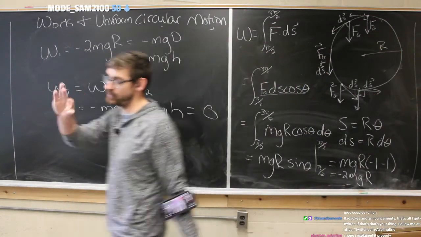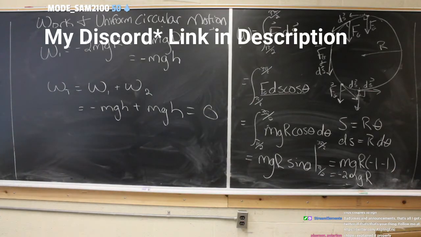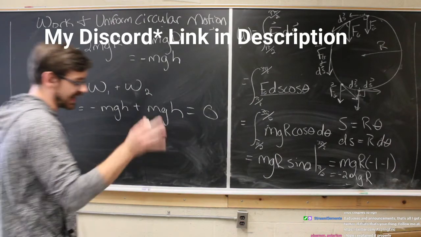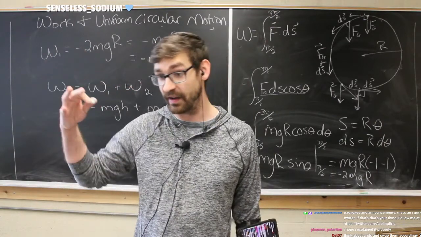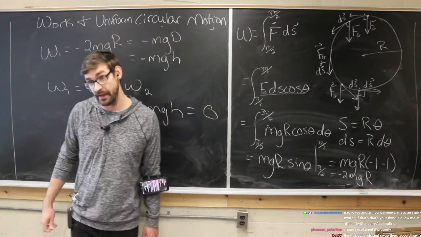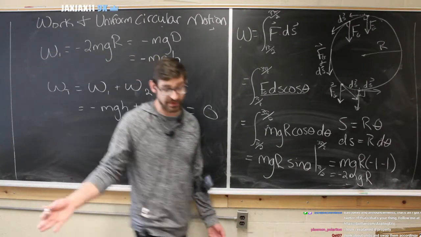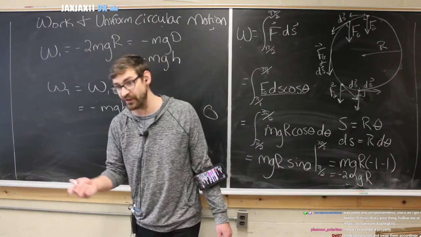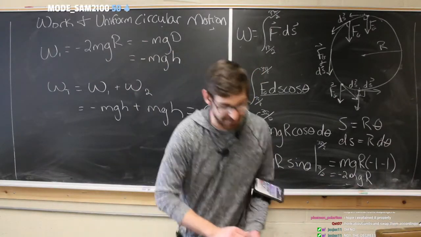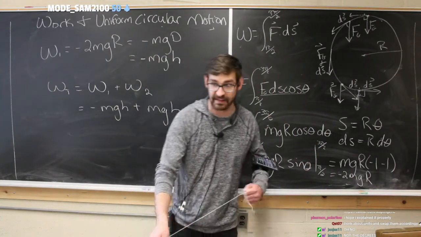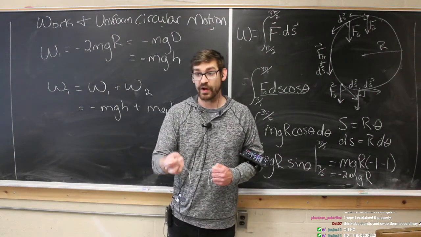So the difference between what Tyrion and I were talking about on your Discord is Tyrion was saying you can't have uniform velocity because if you're not acting on it with another force, right? And instead, what I was saying is yes, you can have uniform velocity, but you need to act on it with another force. So for instance, if I want uniform velocity like this, then what do I need to do?